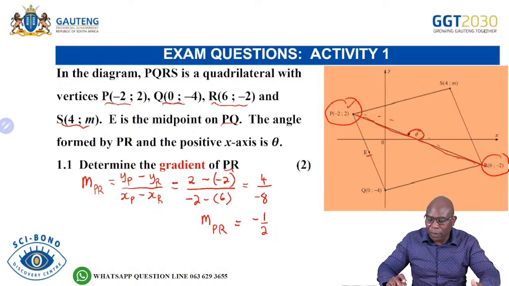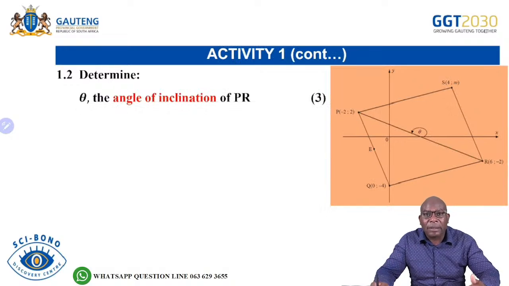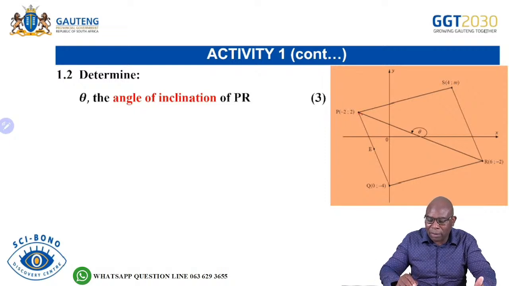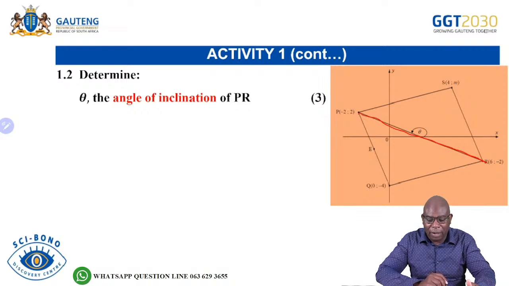Okay, right. So now the next question, the same question. Remember, whatever you've got in 1.1, you can use it in 1.2 if it is needed. In this case, they're still talking about the line PR, of which I know the gradient. Now they say theta is the angle of inclination of PR.